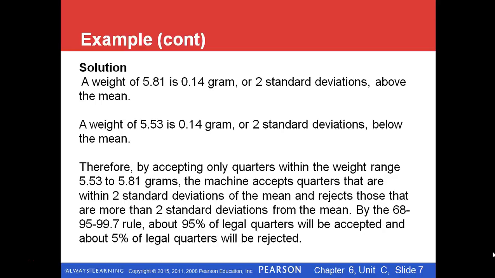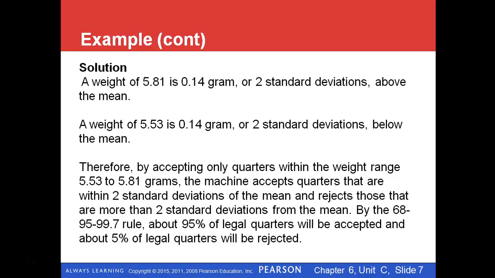And so we're talking about weights from two standard deviations above to two standard deviations below the mean. And since it's perfectly two standard deviations up and two down, we can use the 95% rule that says if you are within two standard deviations of the mean, 95% of the data will fall in there.